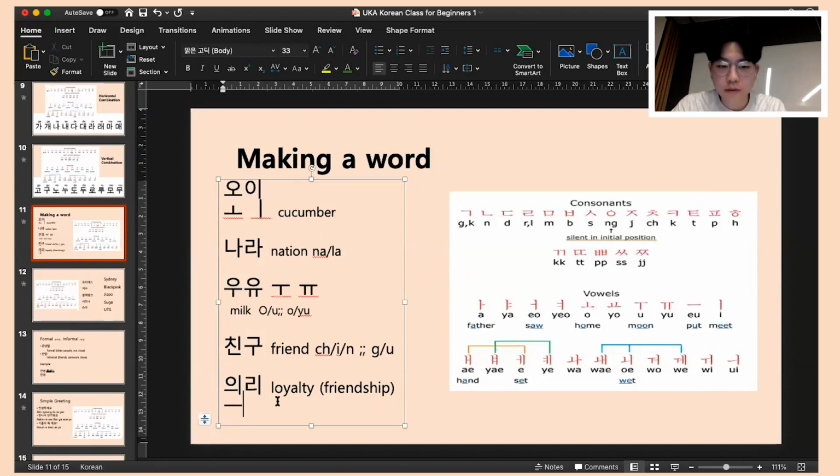So we have ui right here. Ui, D. So you have the la sound with the I sound next to each other. Ui, D. And that means friendship or loyalty.